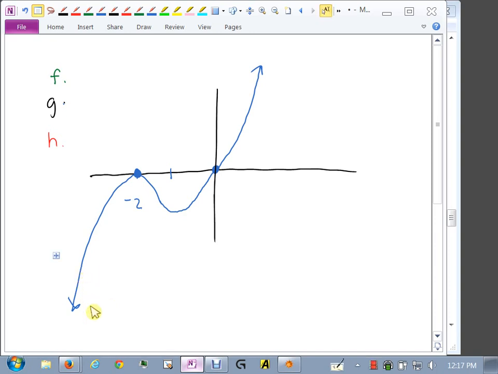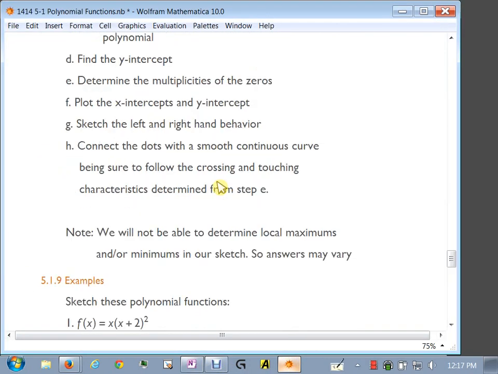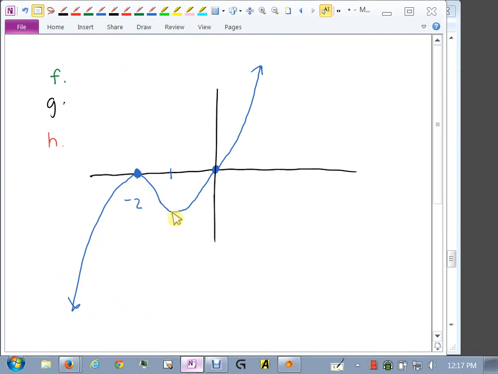Yes? Great question, which I'm going to defer to the notes. At the very bottom of this, read that note. We will not be able to determine the local maximums and minimums in our sketch, so our answers may vary. In other words, when we look at this, I don't really know how low that goes, all right?